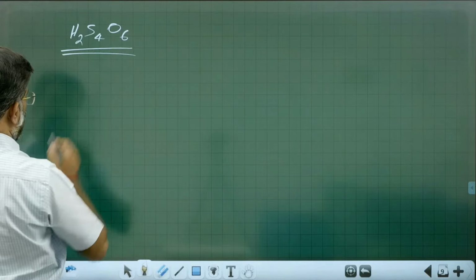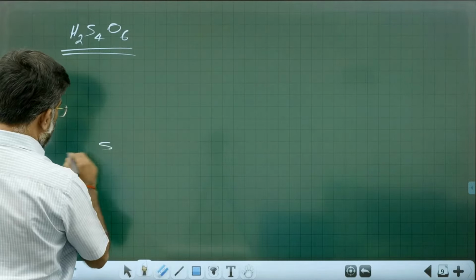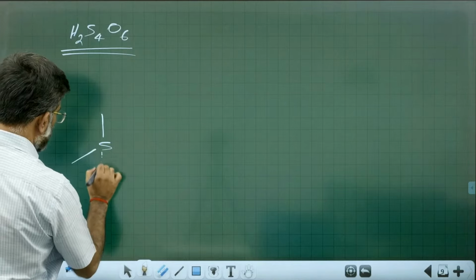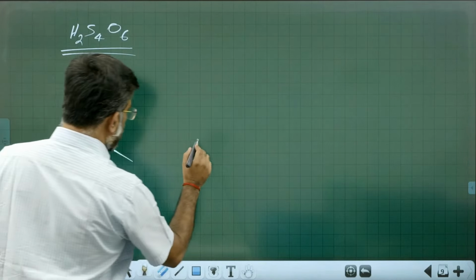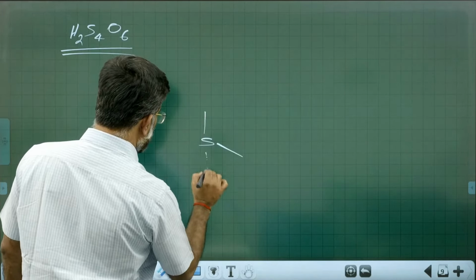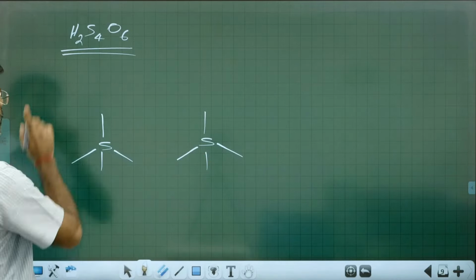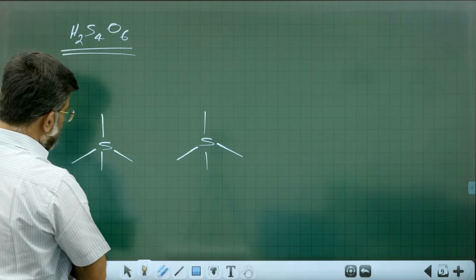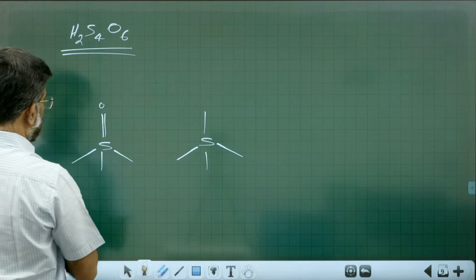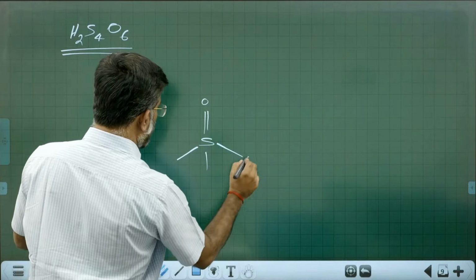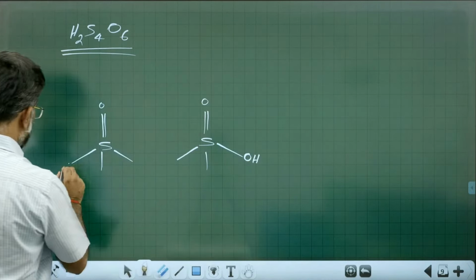H2S4O6, tetrathionic acid. There are sulfur 1, 2, 3, 4, and again sulfur 1, 2, 3, 4, like this. Two sulfurs will carry S=O, S=O, and there is OH, there is OH.